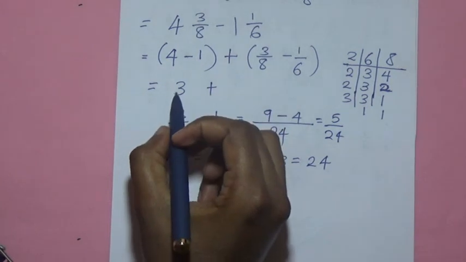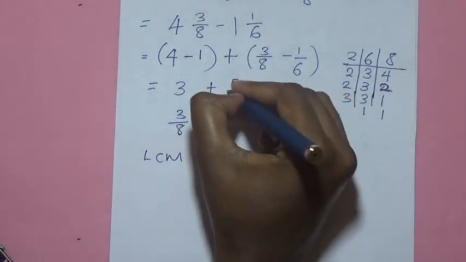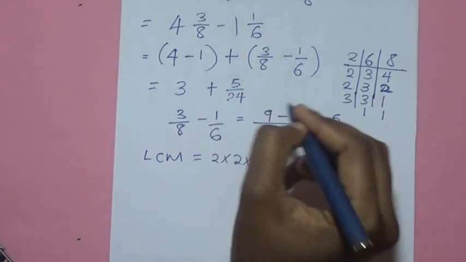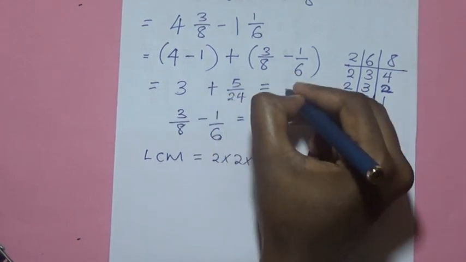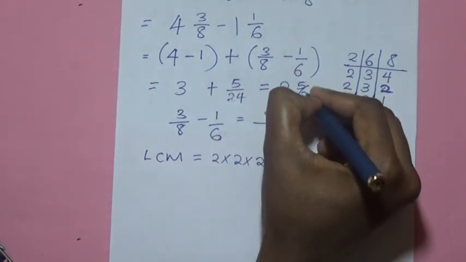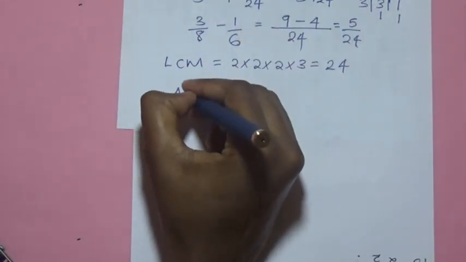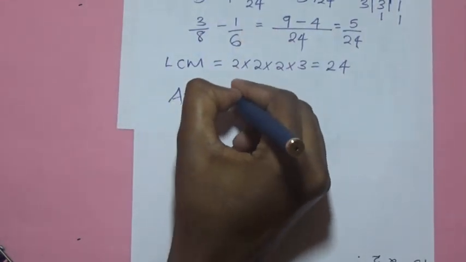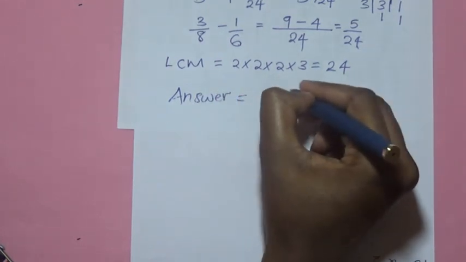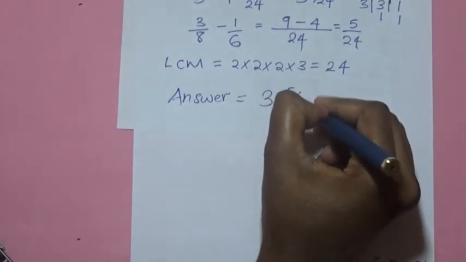So it will be a 3 plus 5 over 24, which gives us 3 and 5 over 24. So the final answer will be 3 and 5 over 24.